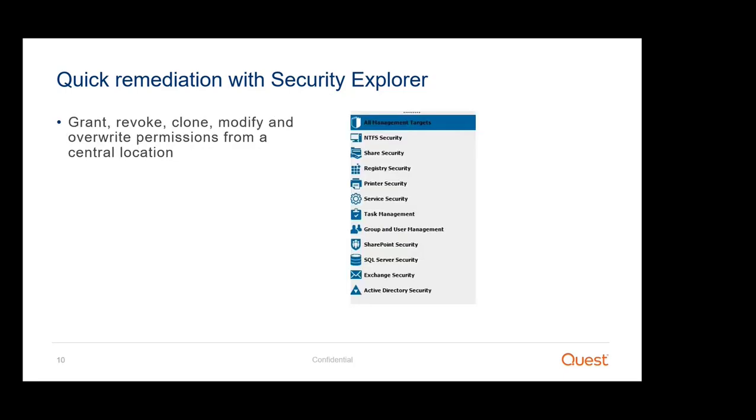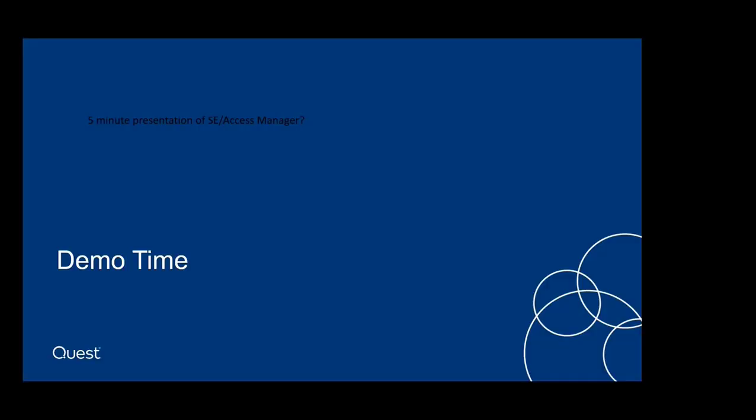Now, the Security Explorer not only runs in conjunction with Enterprise Reporter, but can also be run standalone. And this could be used to grant, revoke, clone, modify, and overwrite permissions from a central location across multiple platforms that include NTFS, your shares, your services, all the way down to Active Directory. And of course, all of those targets are all on-prem with Security Explorer.